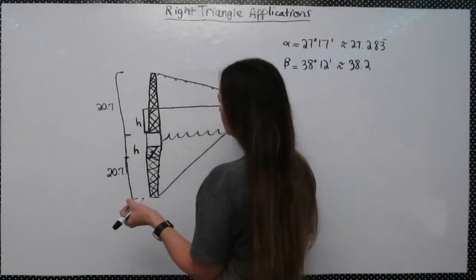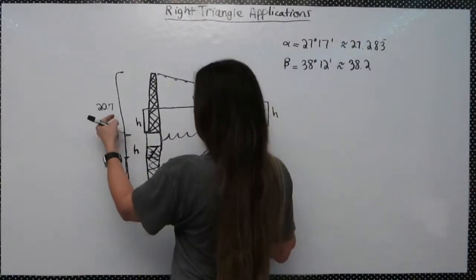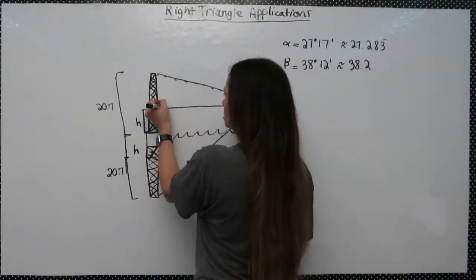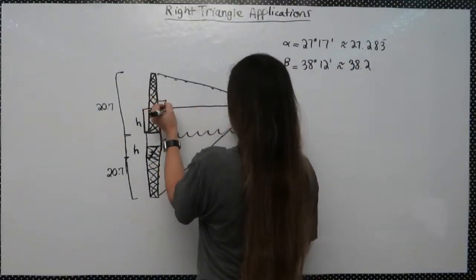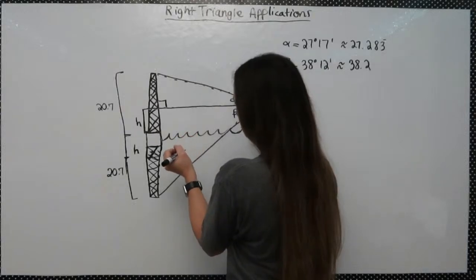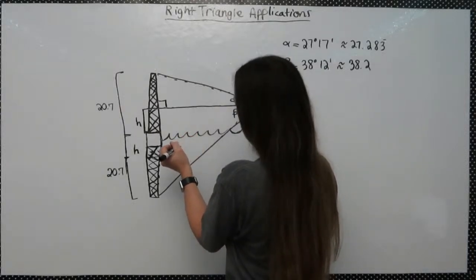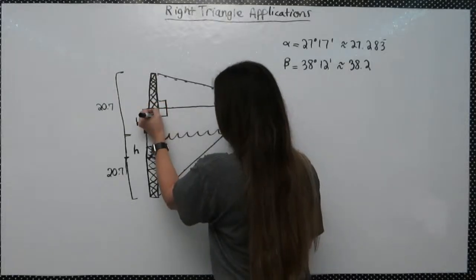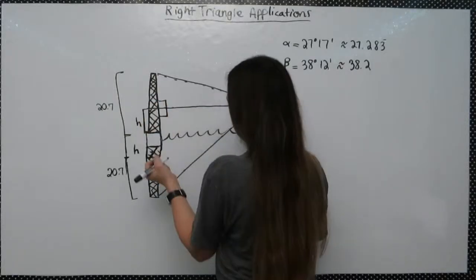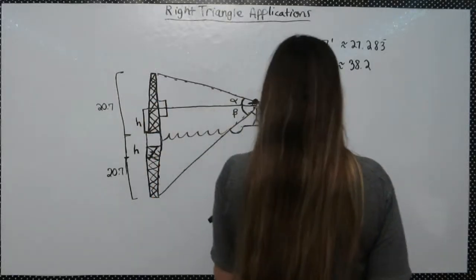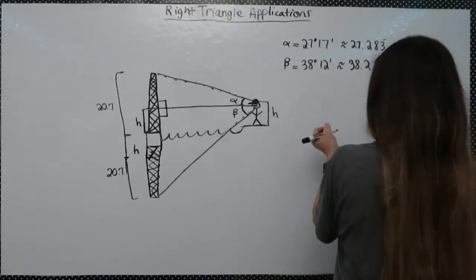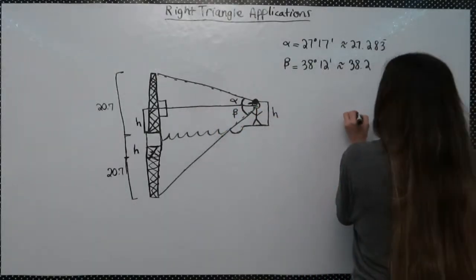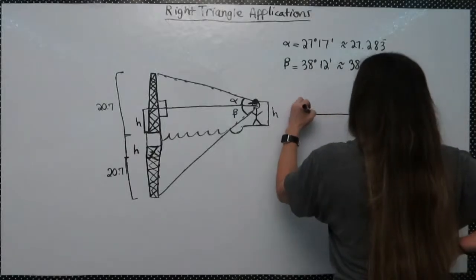So we're going to end up with, for this triangle, we want this triangle right here, and then we're going to use this triangle here. So this first triangle, the slim one, looks like this.